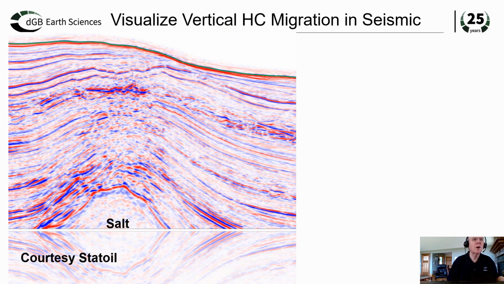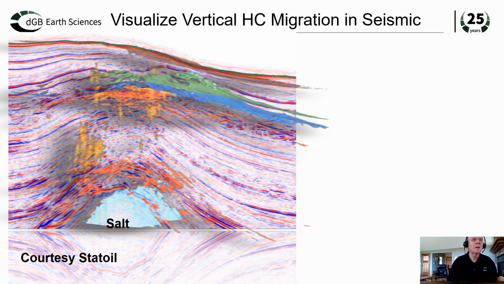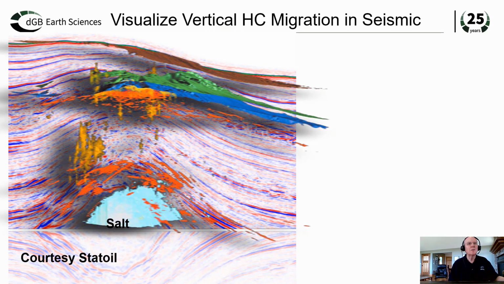Because of the diffuse character of these chimneys, they're difficult to visualize and map. Thus, DGB, in partnership with Statoil, now Equinor, developed a method to highlight these features in normally processed seismic data using a supervised neural network.